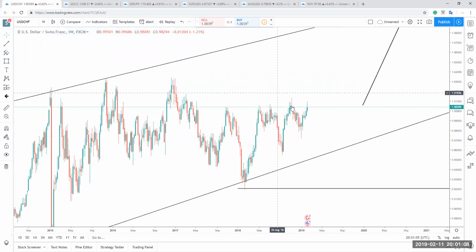Price came down, went up, took out the previous high, came back in. Price came back up into this box, and then started moving higher. So now we expect the price to take out these.